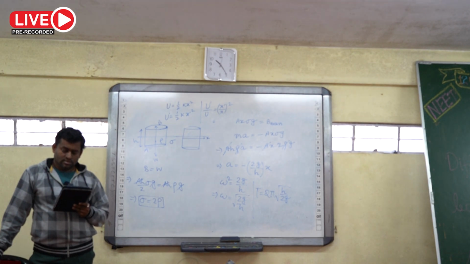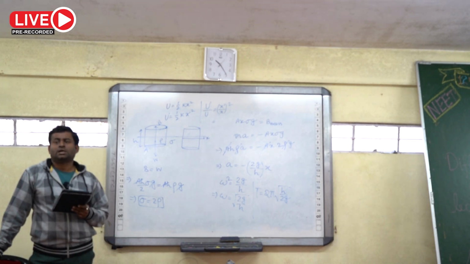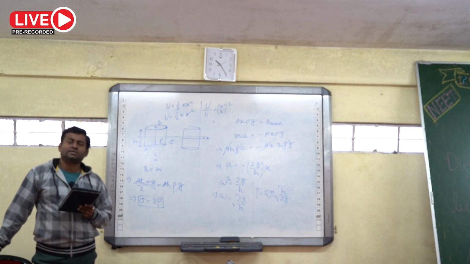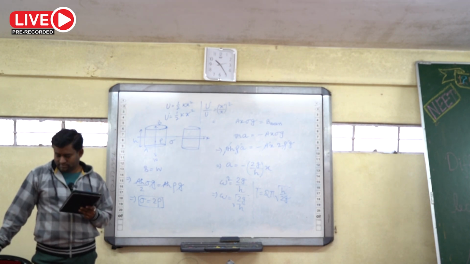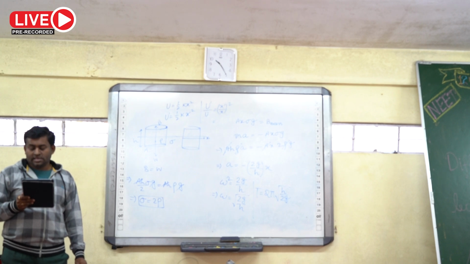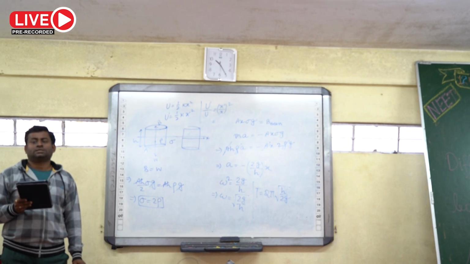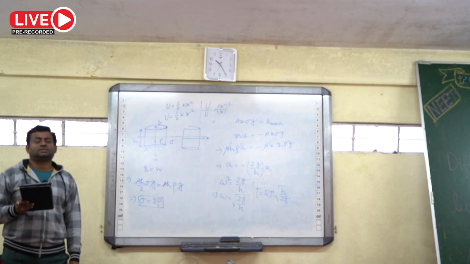The particle oscillates with time period capital T. If the spring is cut into two equal parts.